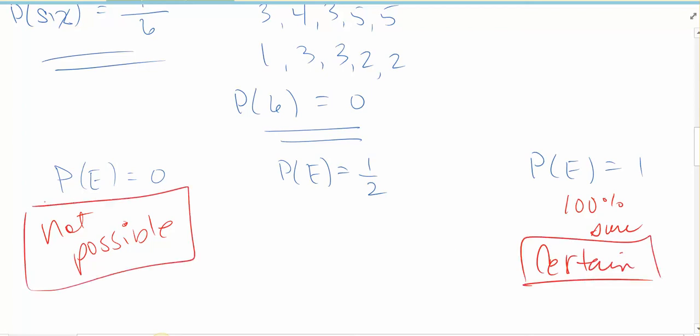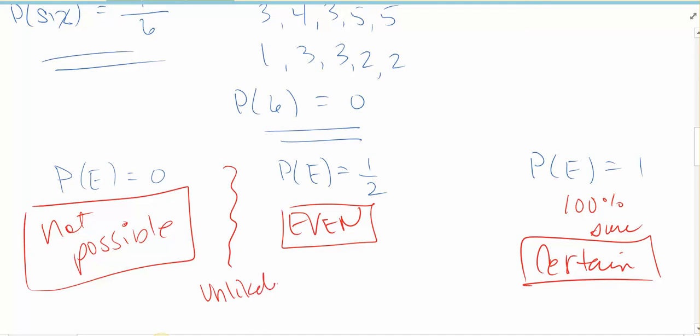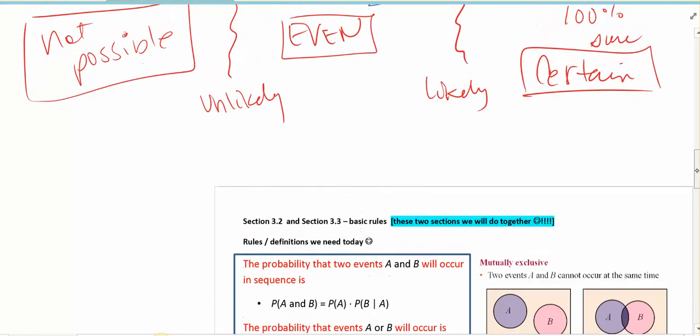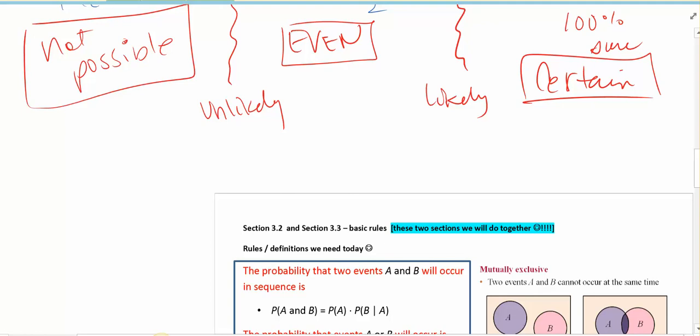Not possible and certain. What's right in the middle? Even Steven. And then somewhere in here is unlikely. And somewhere in here is probable, or we'll use the word likely. Okay? So if I tell you the probability of an event is 0.2, might take it with a grain of salt, right? Okay. All right.